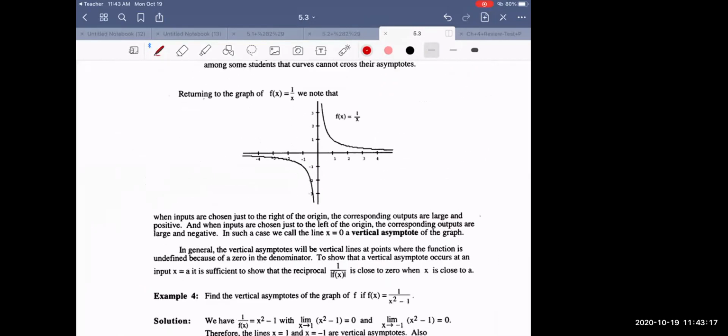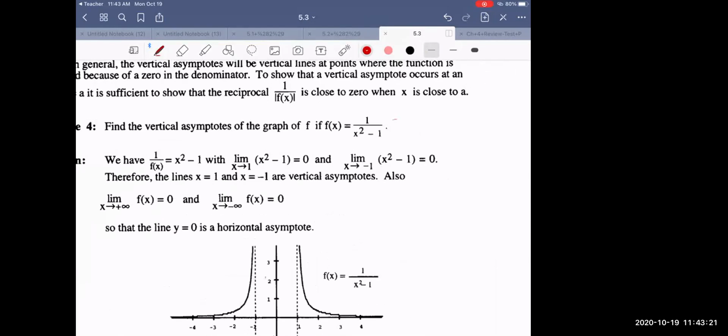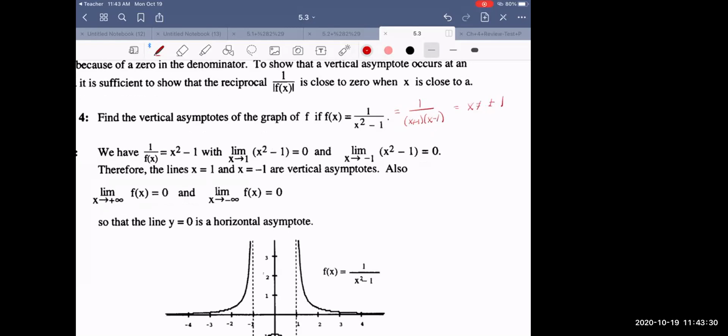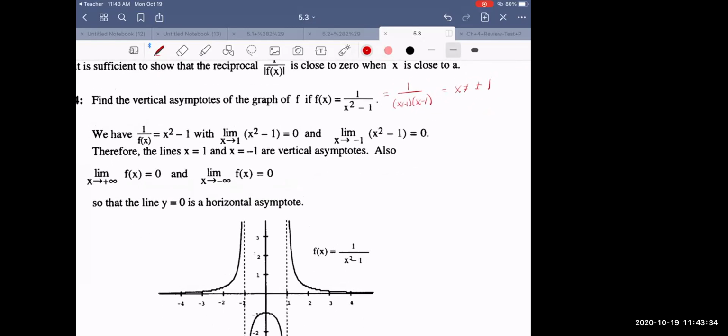What else is in this section? Vertical asymptotes, of course. If you had something like this function, you would factor it down, right? x plus 1, and x minus 1. And so you say x cannot equal plus or minus 1 because you would have vertical asymptotes there, which would make the denominator undefined.